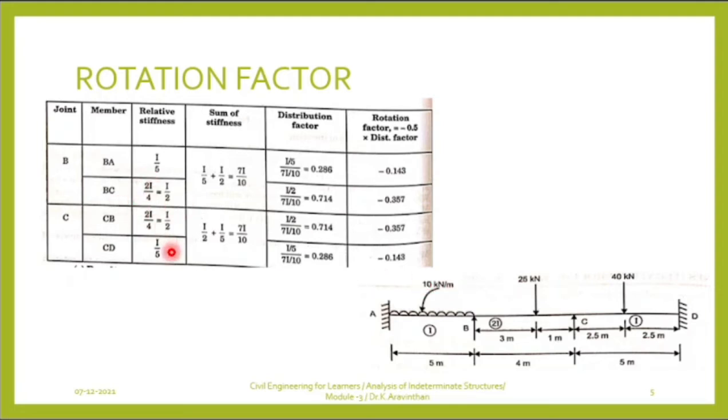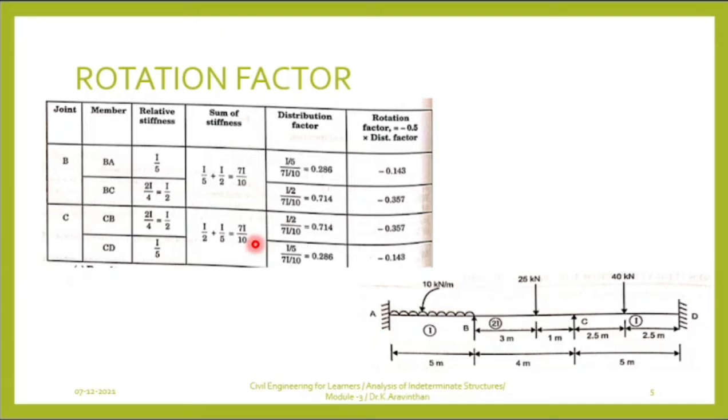So you will be getting relative stiffness, and total stiffness will be adding these two components, I by 5 plus I by 2, which will be 7I by 10. Similarly, add these two components, you will be getting 7I by 10.